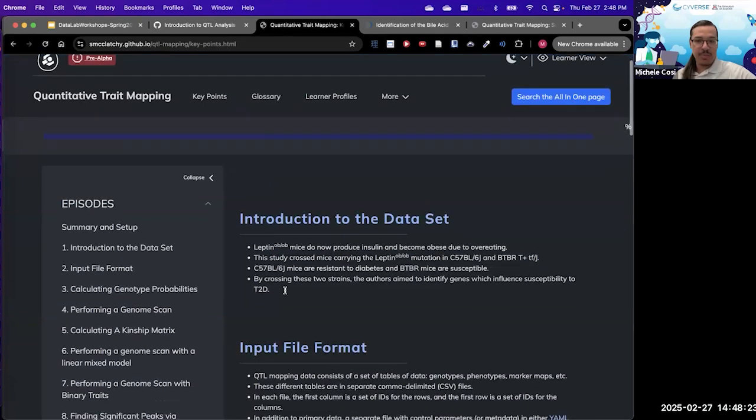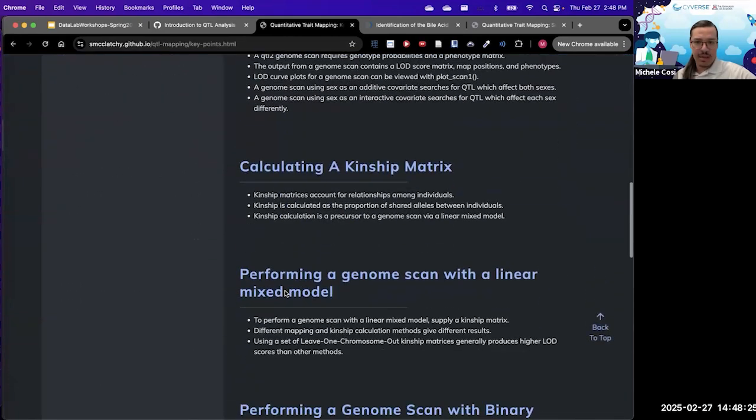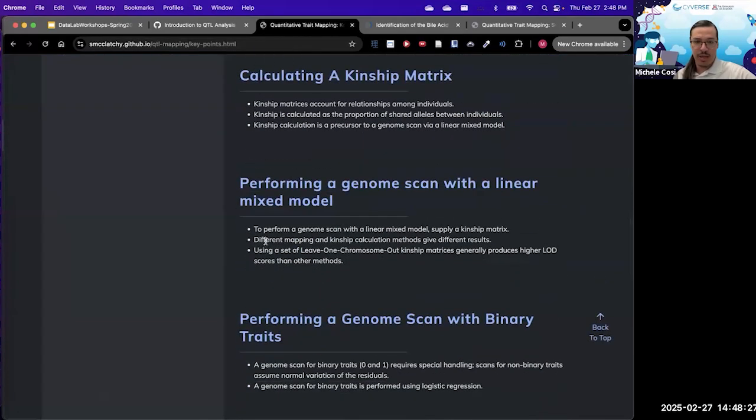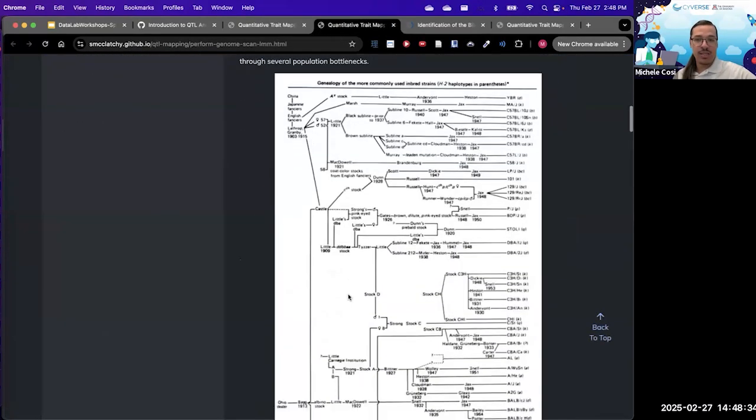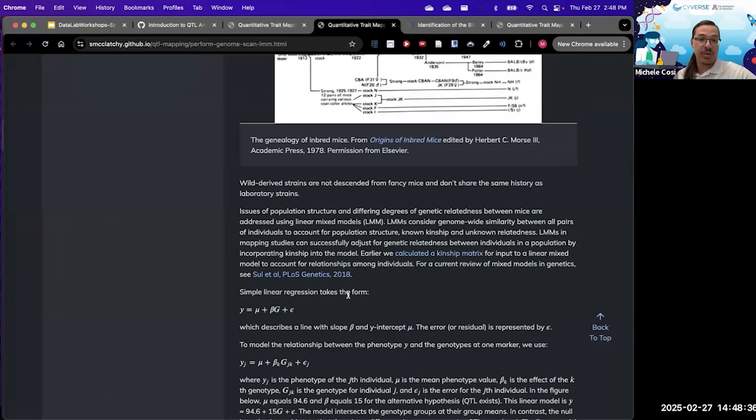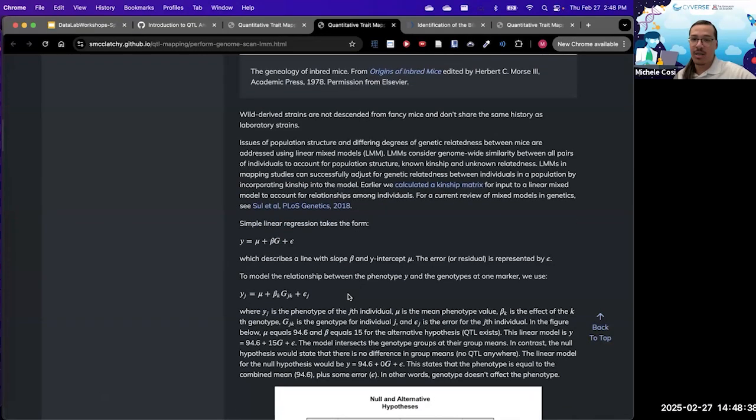I'm going to go back to the key points right now. What did I want to look at? I'm going to open up the linear mixed models right here, but I do suggest you refresh a little bit on your statistics, because there are a series of applications here that require understanding of, for example, linear mixed models.